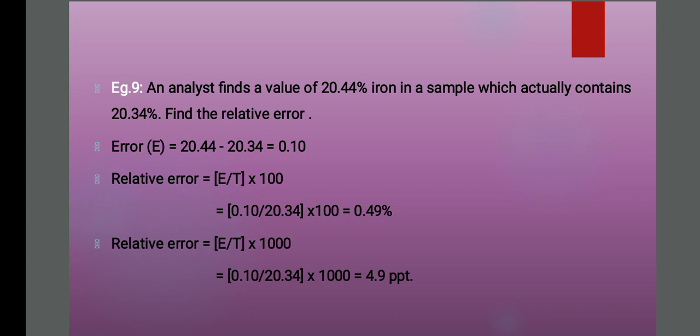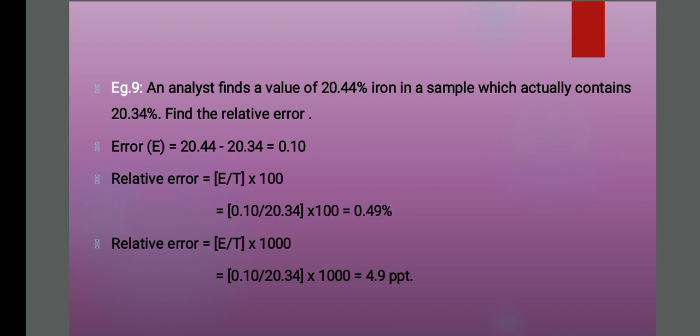If it is percentage, you do E by T into 100. If it is parts per 1000, E by T into 1000. So your value is 0.10 divided by 20.34 into 100. The answer is 0.49 percent, and if you multiply by 1000, you get 4.9 ppt. It's clear now. Shall I go with the next one?